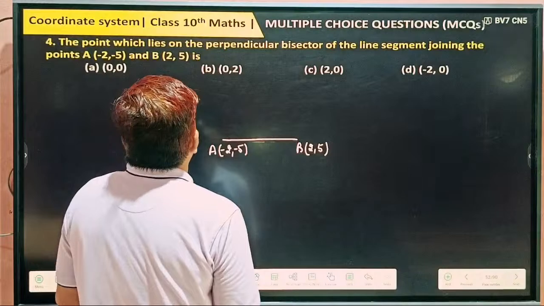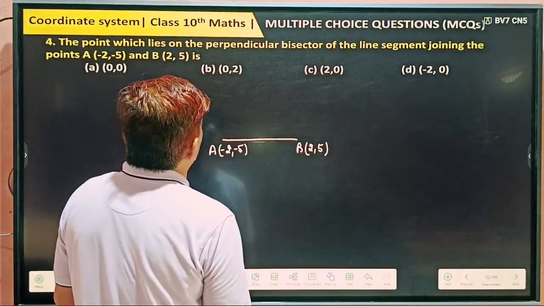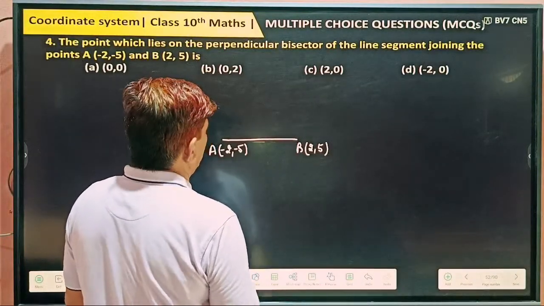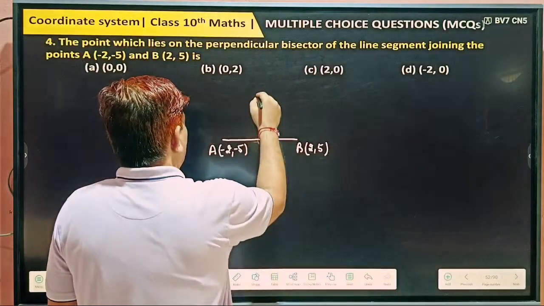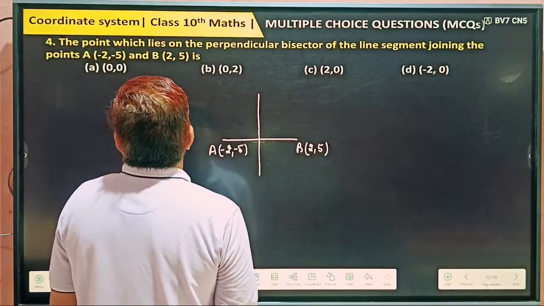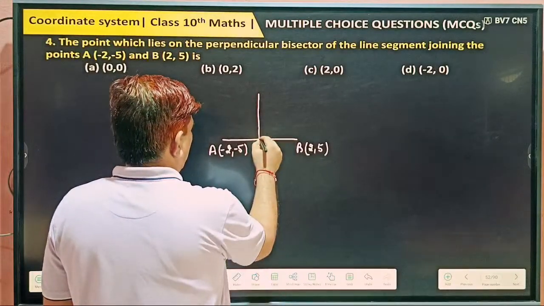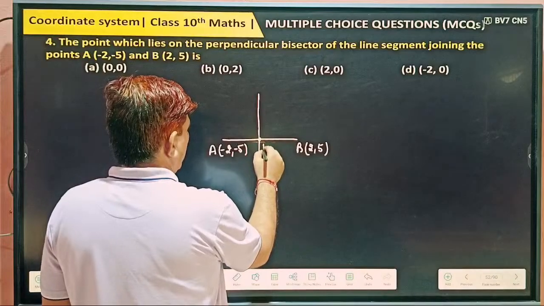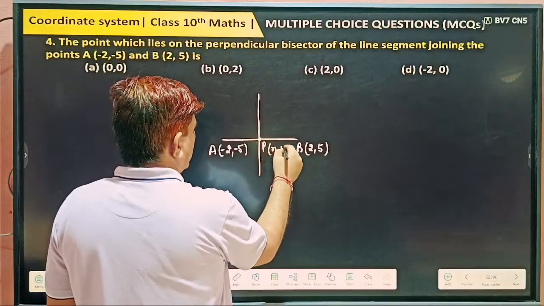Understood? A point which lies on the perpendicular bisector of the line segment joining these points. This is the perpendicular bisector. Understood? Perpendicular bisector meaning this point. Let this be point P whose coordinates are x and y.